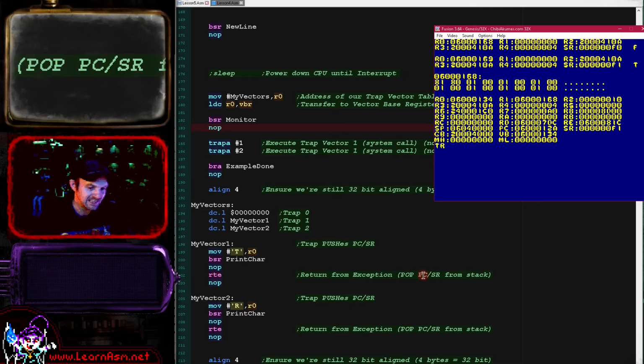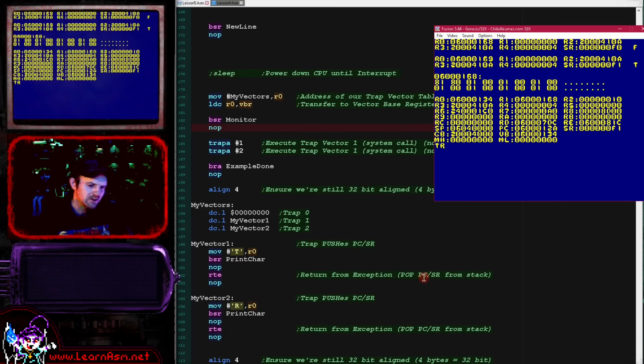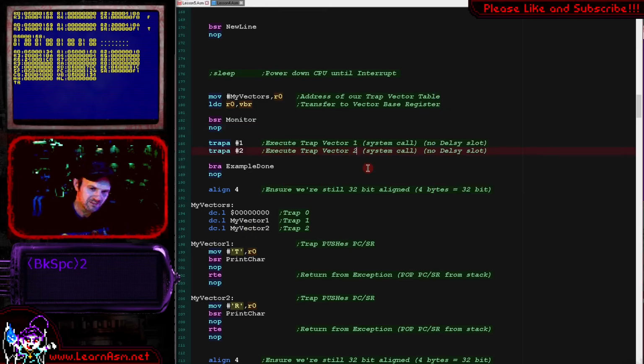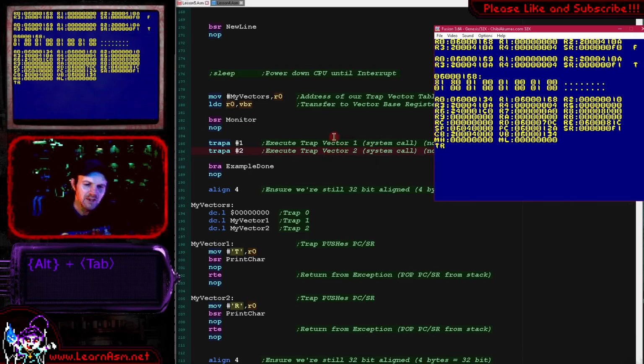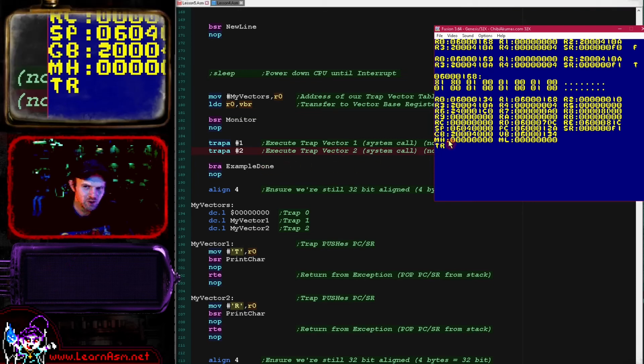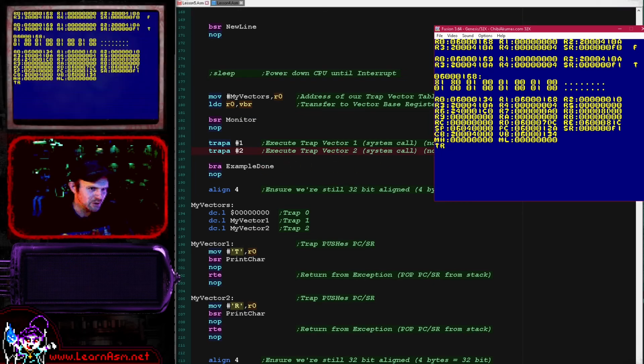This basically pops the program counter and the system register containing the flags off the stack. So this is restoring things effectively like an interrupt. But in this case, no, that says vector 1, it should say vector 2. In this case, we're just running our test code. This wouldn't usually be how you would use this, and that's probably why the Saturn's getting quite angry. But if we create our own vectors, we can just use them like subroutines.